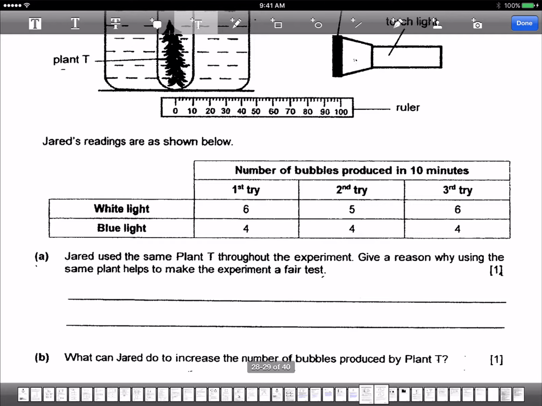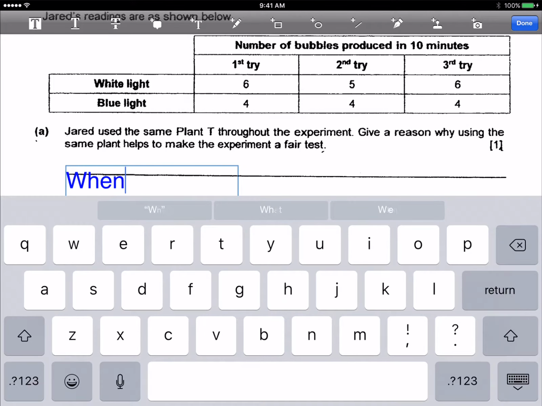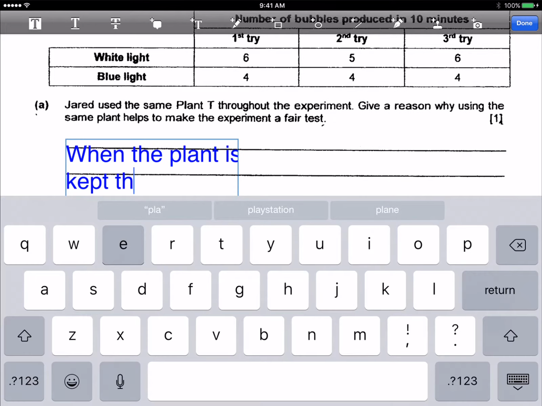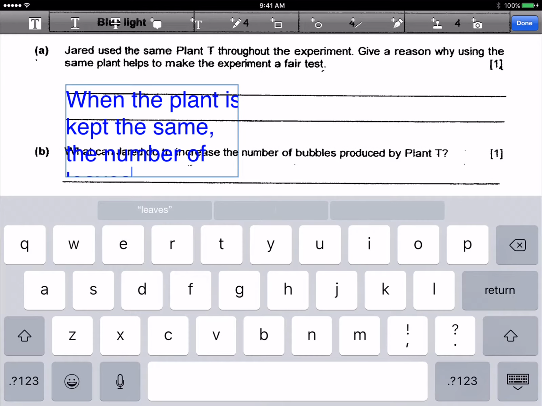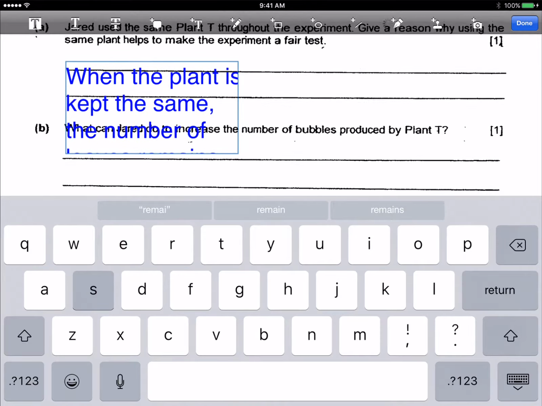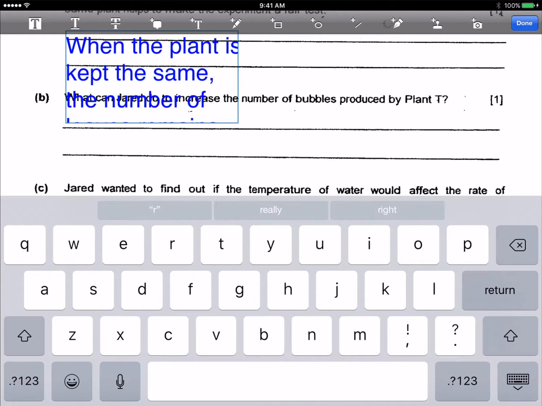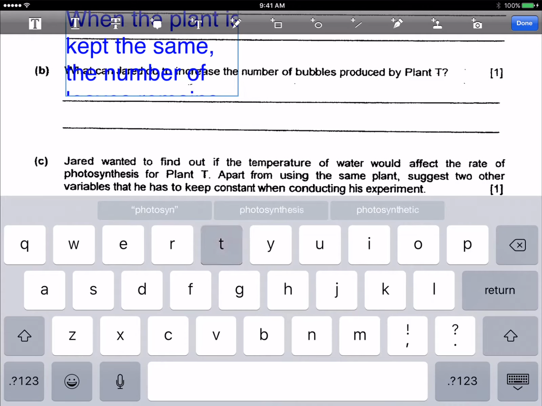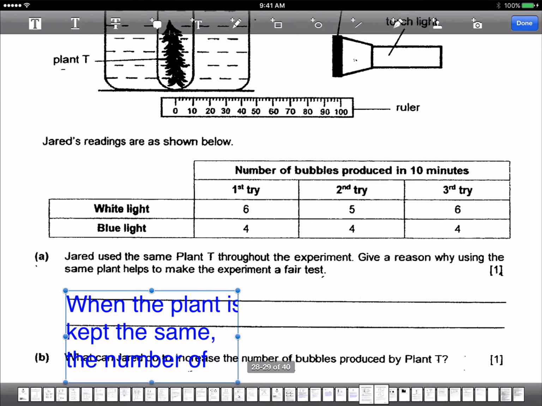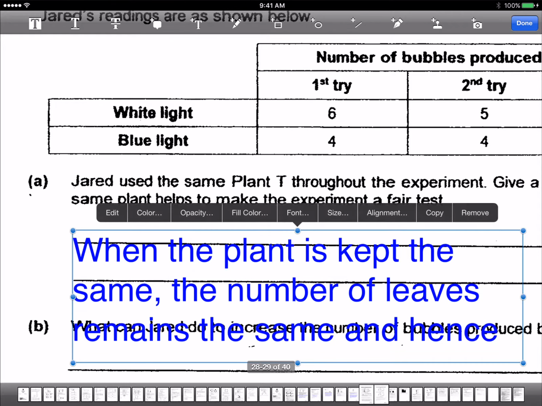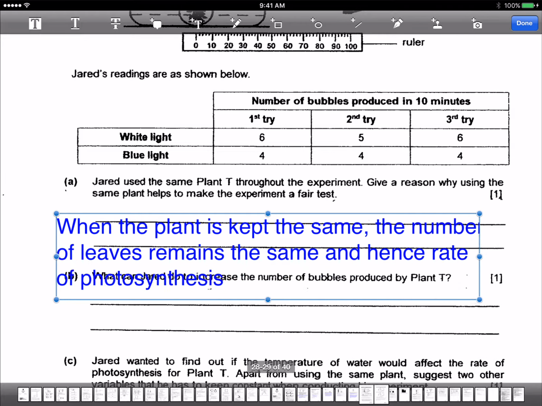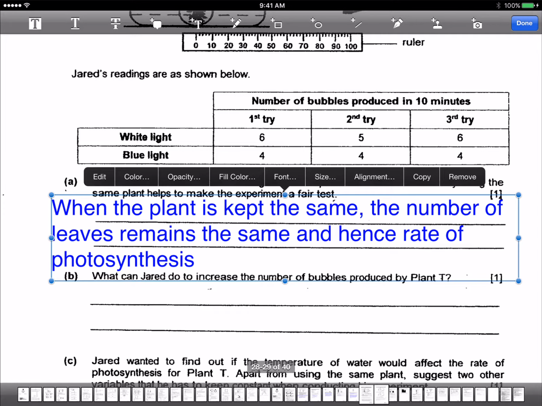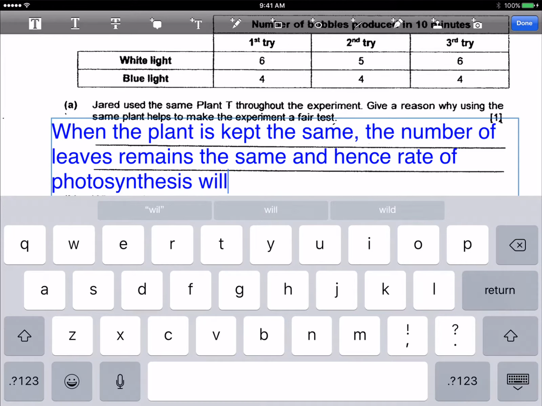So you have to say that when the plant is kept the same, the number of leaves remains the same, and hence the rate of photosynthesis will be the same. But sir, different plants can also have the same number of leaves. Oh no, but the area is different.